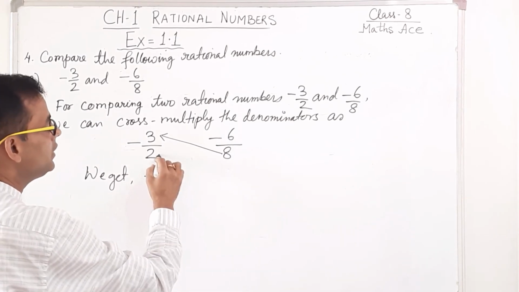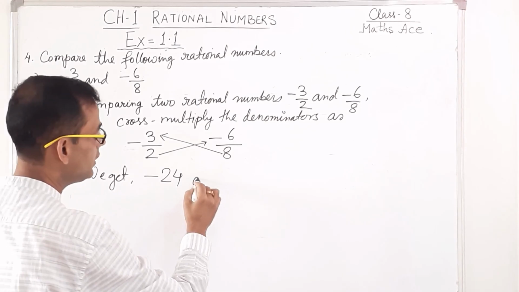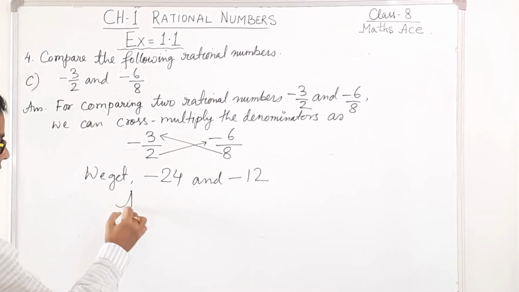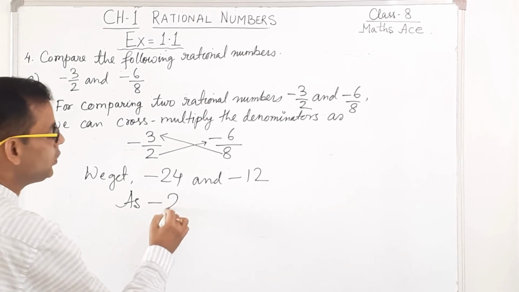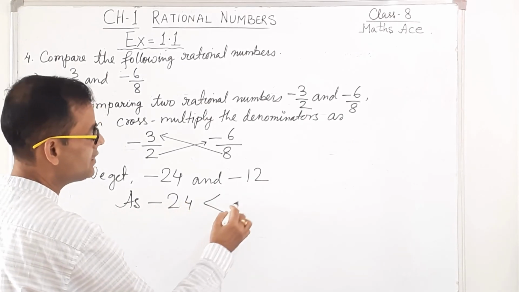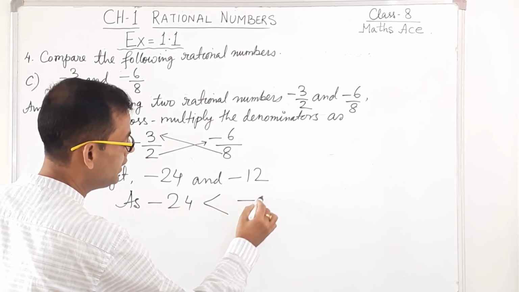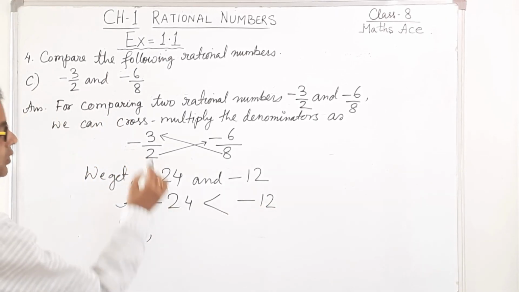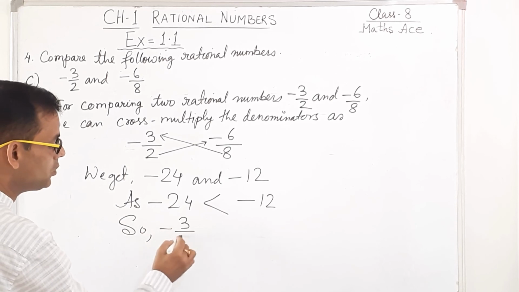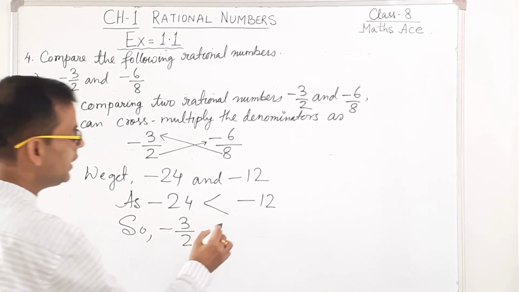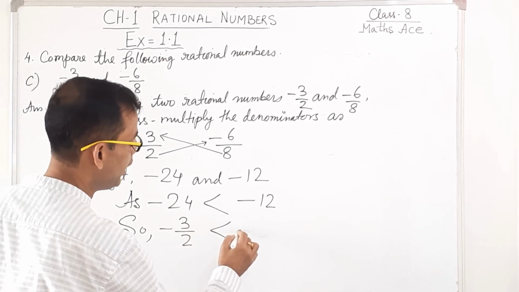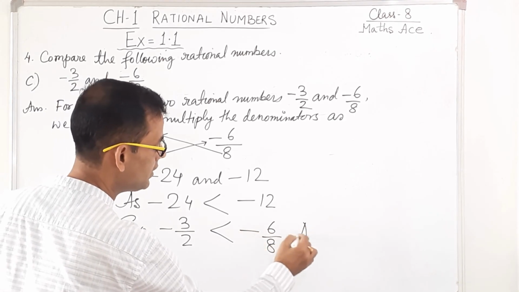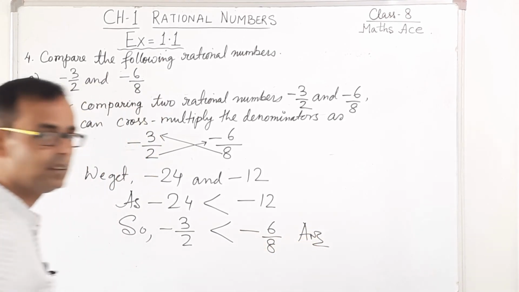Then this into this, what you get? And minus 12. As minus 24 is less than minus 12, so first one is what? Minus 3 by 2, okay, is less than minus 6 by 8, and this is the answer.